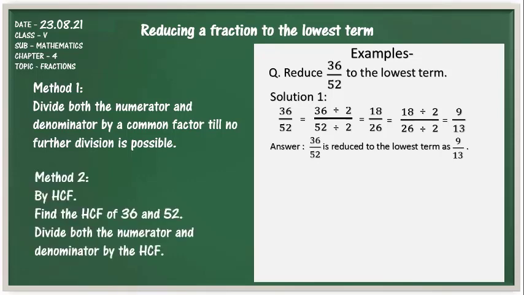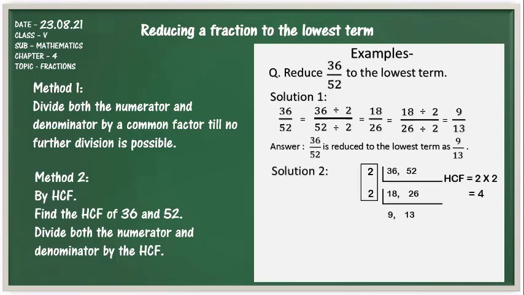Now, by the method of HCF, first we need to find the HCF of 36 and 52. Then we divide both the numerator and denominator by the HCF. So first let's find out the HCF of 36 and 52. The HCF of 36 and 52 is equal to 4.